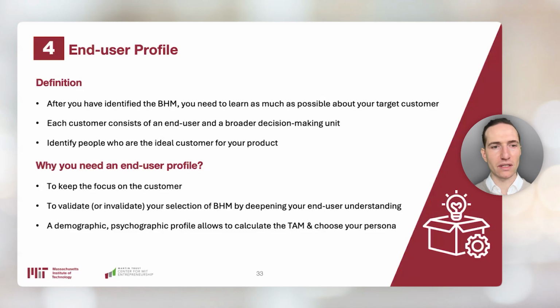This is extremely important. So the first step here, if you determine your end user profile, is to identify the people who want to use or purchase your product. This is incredibly important here.